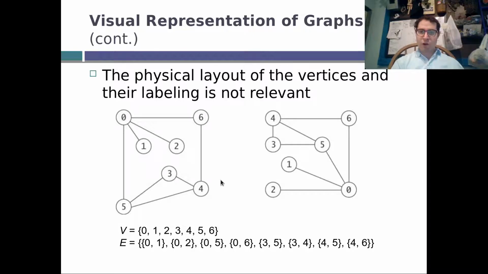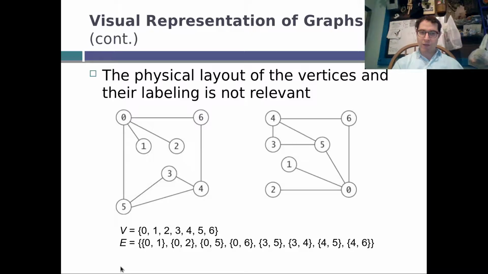As far as drawing these, notice that we've been defining these as mathematical sets. So the physical layout of these vertices and where they are in our visual drawing doesn't matter. 0 could be here or it could be here. All that matters is that we accurately draw all the relationships.